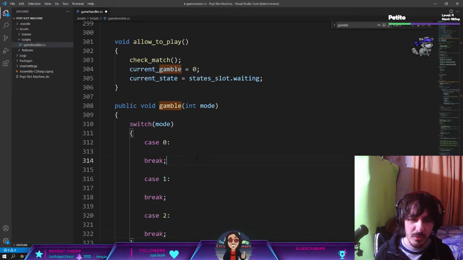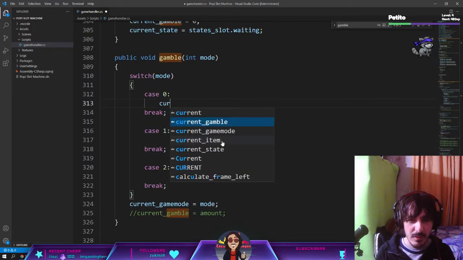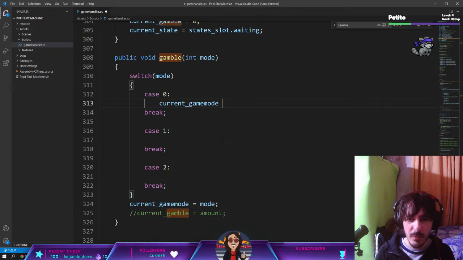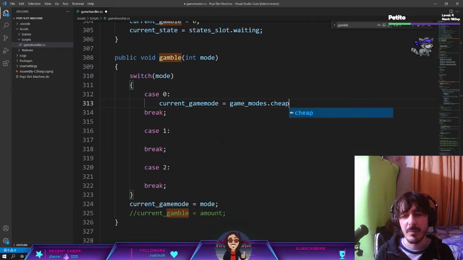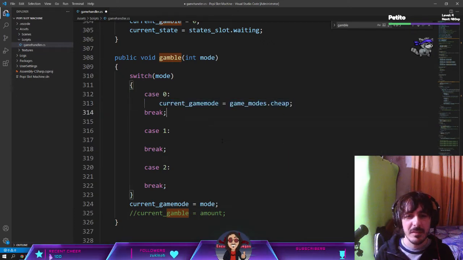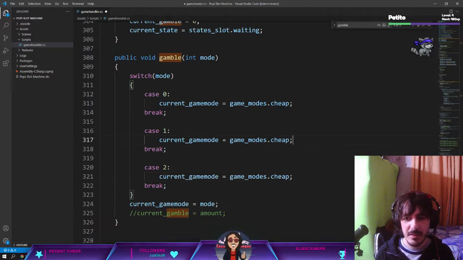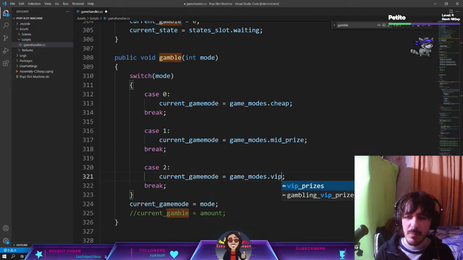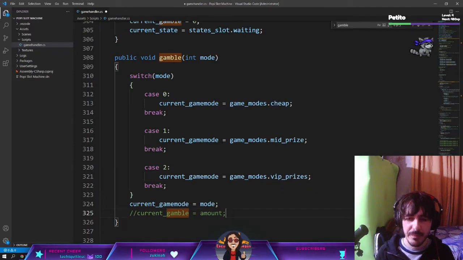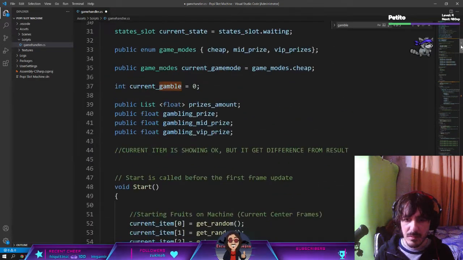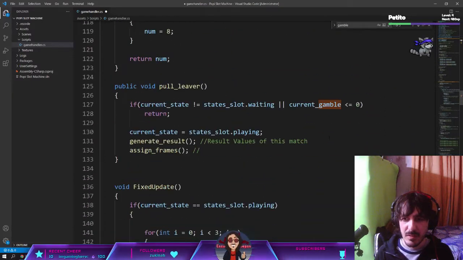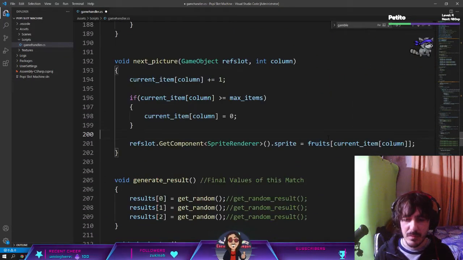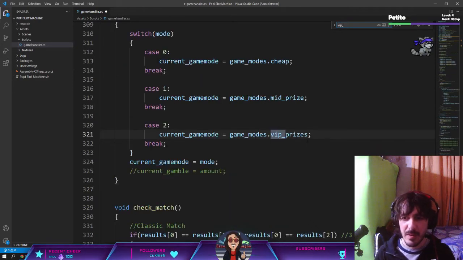These are the 3 game modes. So case 0 means that current game mode will be game modes cheap. I will copy this line and just paste it: mid price, VIP price. VIP price, not prices. 1, 2. VIP price.